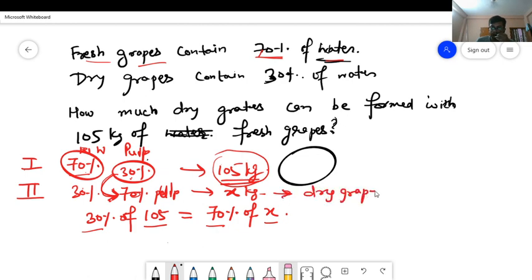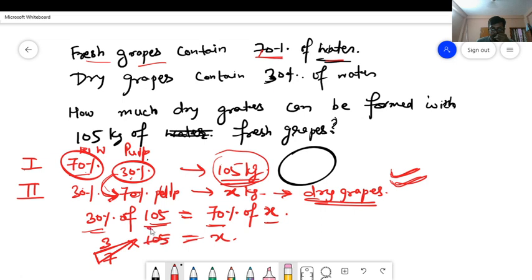We dried it in the sun, and we got it, right? We can write that 30% of the quantity of fresh grapes will be 70% of this quantity of dry grapes. Then we don't need to take 30 upon 100, we can write it like 3 upon 7 into 105, it will be X. This will be 21.